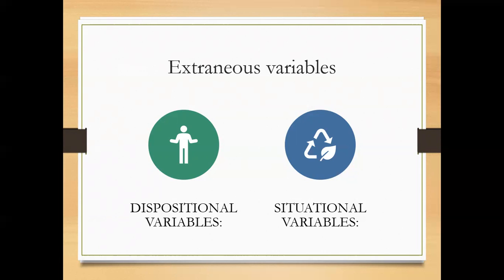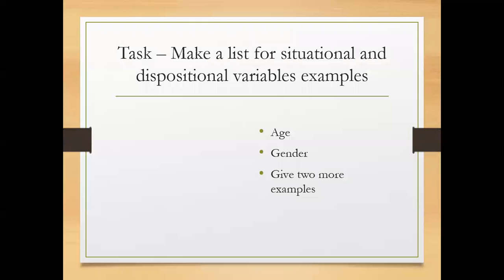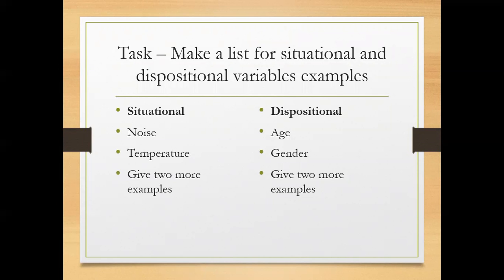So what I'd like you to do is let's write up your notes, go to the electronic textbook, log on, have a read about these different types of variables, go into the glossary as well, add the key terms in. And for a little task here with regards to situational and dispositional, I have given you an example of two.